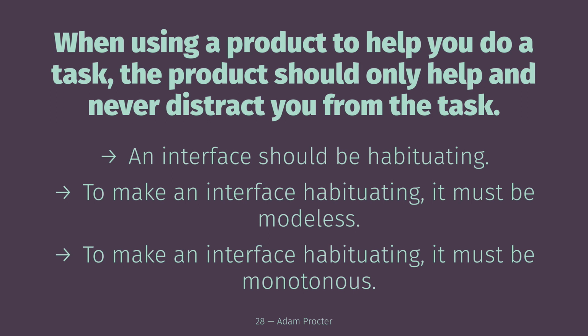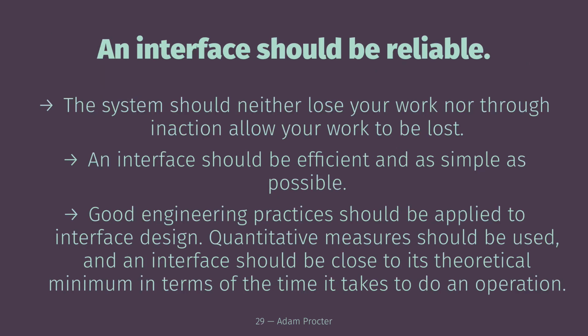And monotonous really means that you don't have to choose between multiple gestures to achieve certain tasks. So there should be one gesture. But I think the principle really is just that it should help you to do that task and shouldn't distract you. Something like Facebook, for example, is so about distracting and taking your attention away that it doesn't really abide by this.